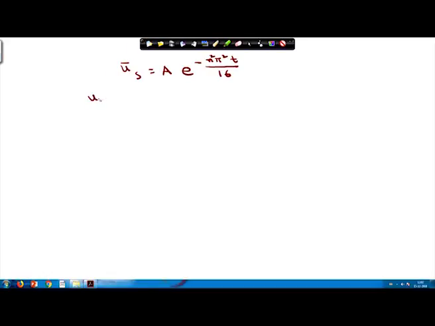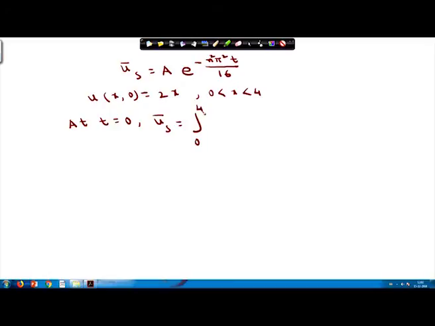Now, one more condition has been given to us, that is u(x, 0) equals 2x, where x lies between 0 and 4. At t equals 0, what is u bar s?